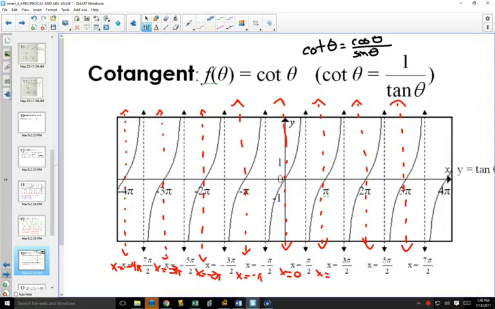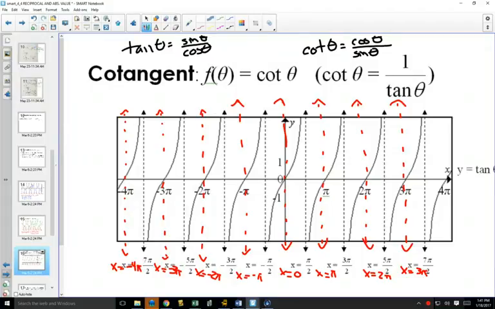But what's interesting is, here, I'll just write them all in. The asymptotes for tan, because what is the other way to write tan? Sine over cos. The asymptotes for tan happen when cos is equal to 0. Right?